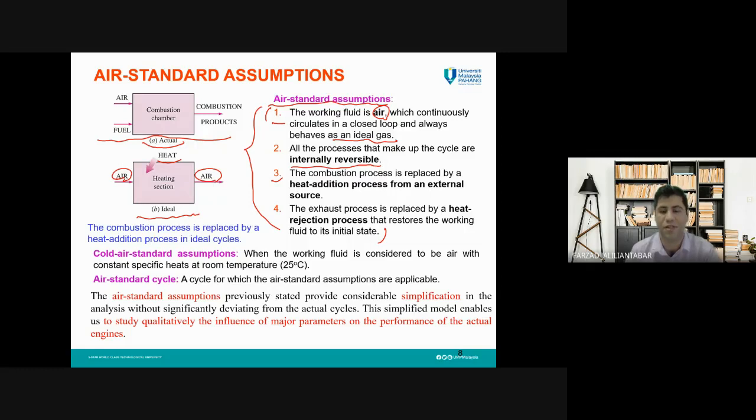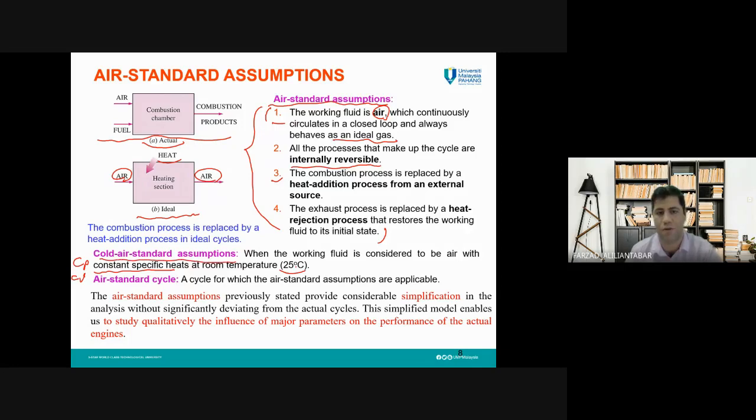These assumptions are called cold air standard assumptions when the working fluid is considered to be air with constant specific heat, Cp and Cv, if you remember. If we assume that the specific heat is constant at room temperature, or 25 degrees Celsius, these assumptions are called cold air standard assumptions.